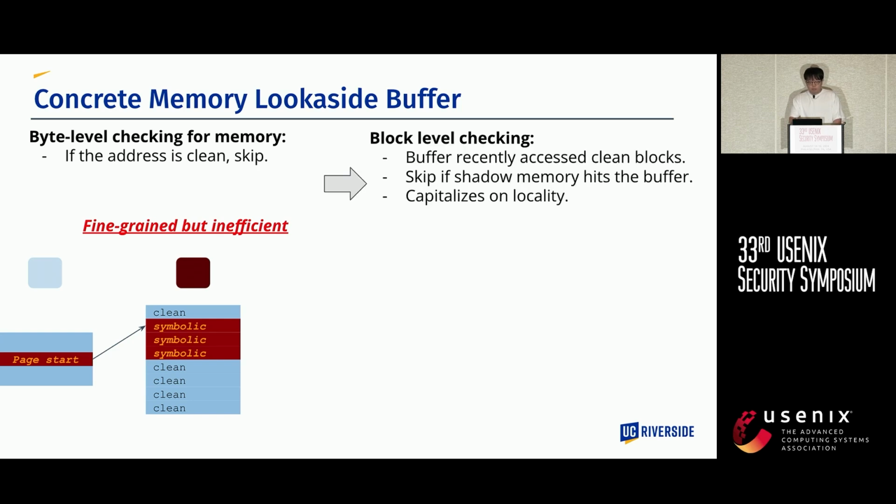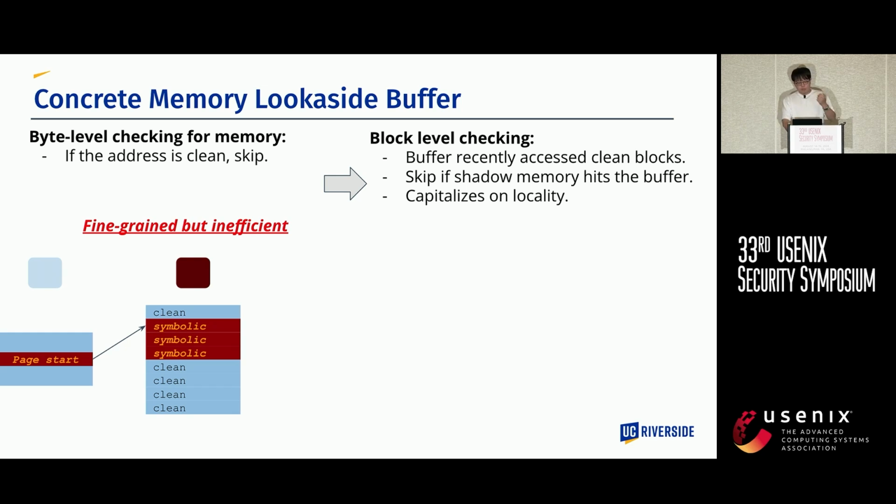Inspired by the TLB design in QEMU, we use block-level checking, which means we buffer the recently accessed clean blocks. For every shadow memory access, we first check whether there is a cache hit in this buffer. If so, we know that this shadow memory is clean, and we can directly return.